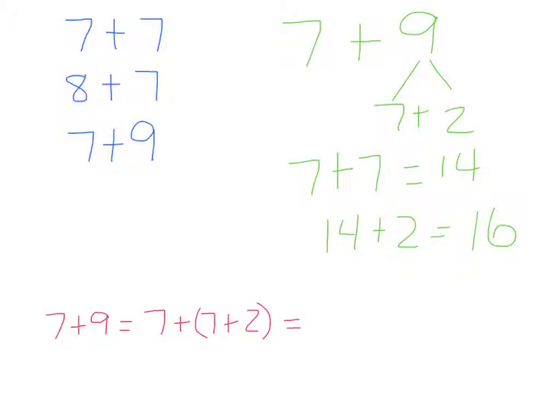Then I reassociated 7 plus 7 plus 2, and that was 14 plus 2, or 16. When recording the mathematical notation behind the student's thinking, it becomes more obvious which property is at the root of their thinking. In this case, it was the associative property.